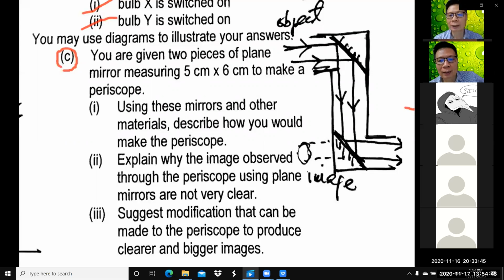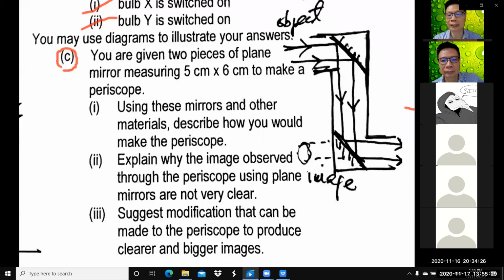Next you write: 2 pieces of plain mirrors are fixed inside the cardboard tube as shown in the diagram.